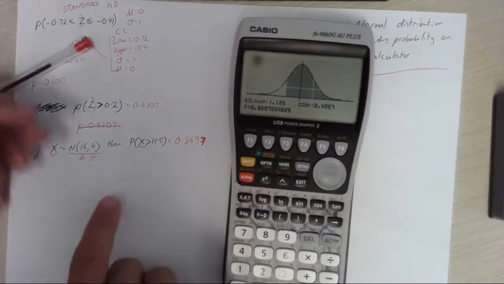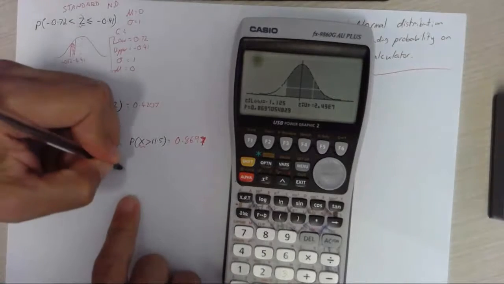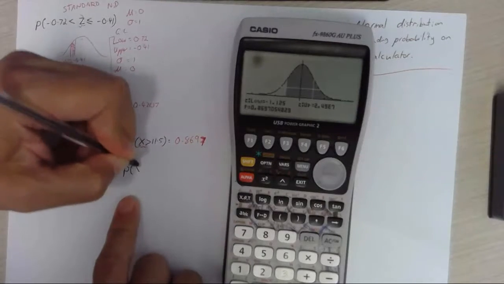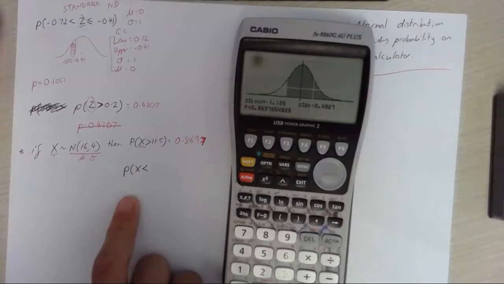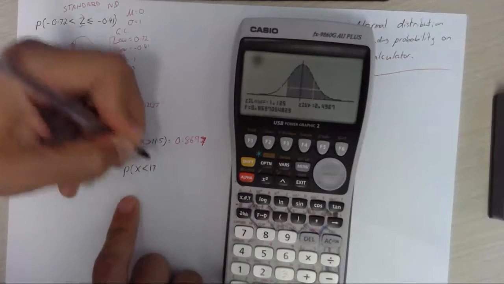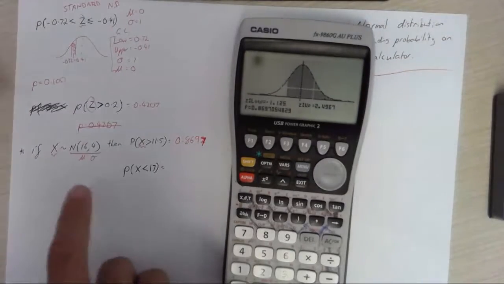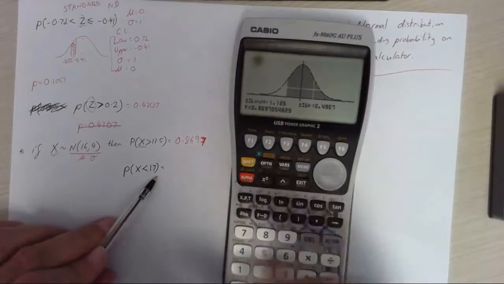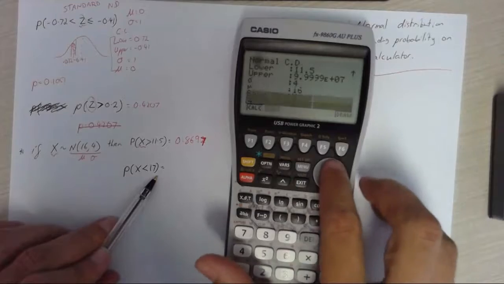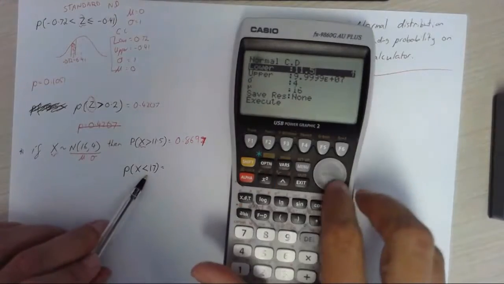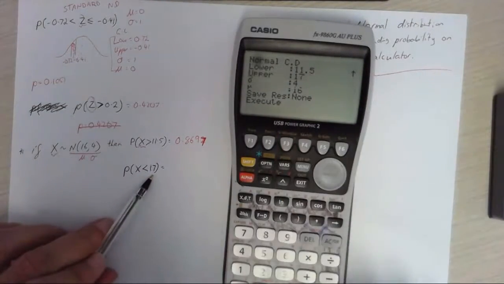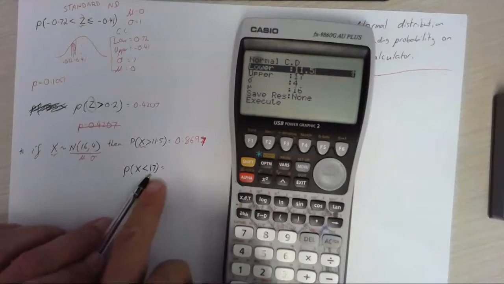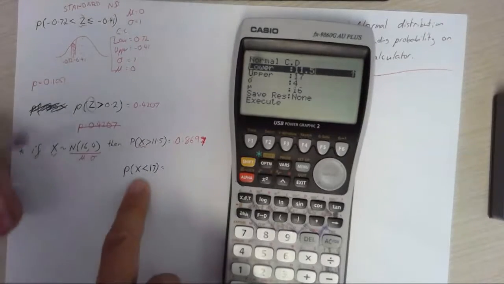Just with this question, I might just show you one more version of this. The probability that x is less than, let's say, 17. So if you were asked with the same distribution, probability that x is less than 17, go back here. Now this time our upper bound is 17, and our lower bound is a number that's very, very small.